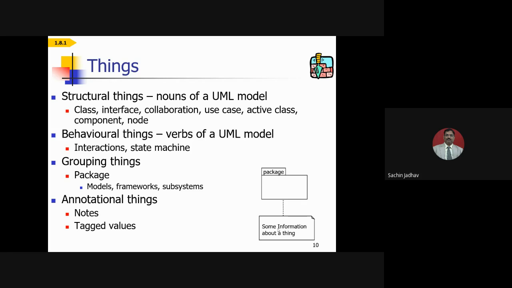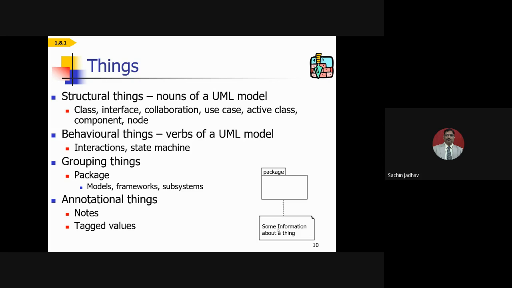There are different kinds of annotation things, like tagged values. For example, you can say this class version is 1, this class version is 2, and you want to specify the version. So you can specify that the version is 1.0, 1.1, 1.2, 1.3, 2.0, like this. In this way, the annotations for those packages, concepts, components, or things can be specified with the help of annotation things.